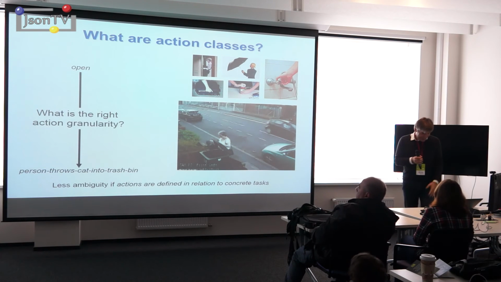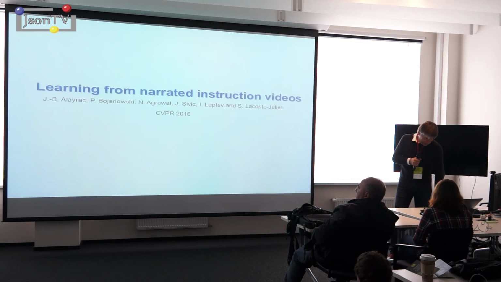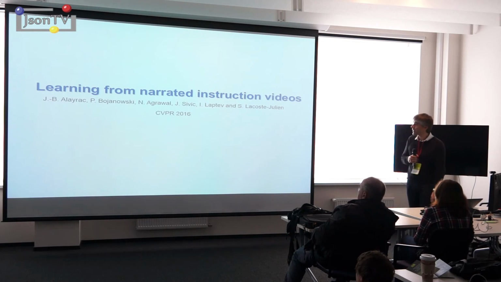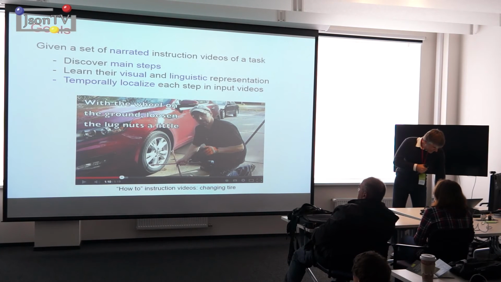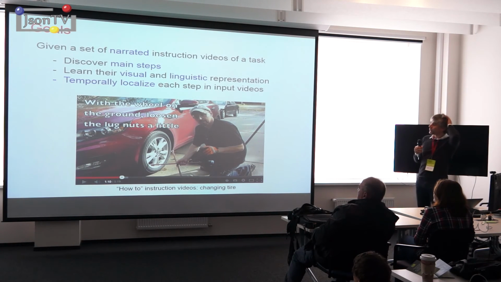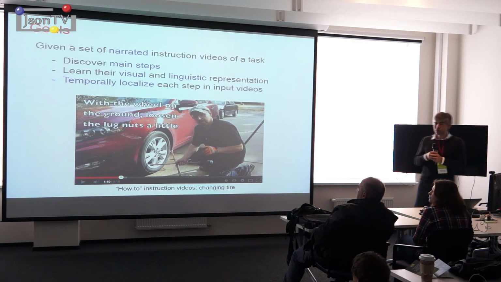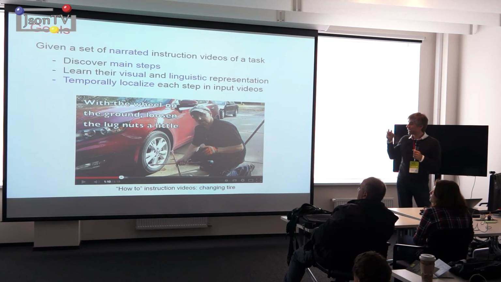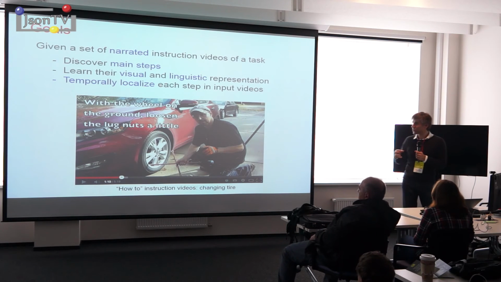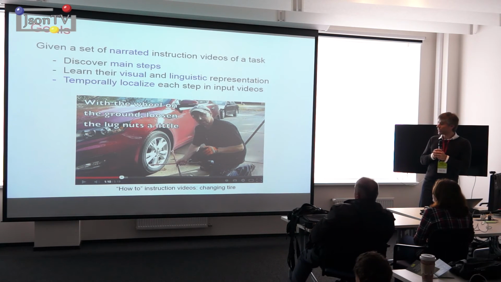Therefore, in the part which I don't have time to talk about, I'll show one slide because it relates to robotics. We tried to learn a system to understand what it means, the instruction videos. We download a bunch of instruction videos, say for changing a car tire.